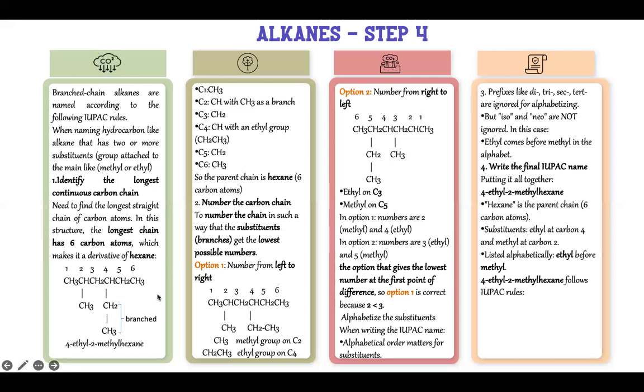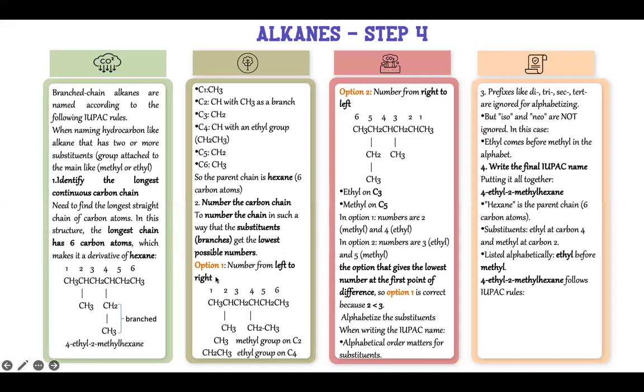So the parent chain for this example is hexane, 6 carbon atoms. Second, you have to number the carbon chain, in such a way that the substituent branches get the lowest possible numbers.